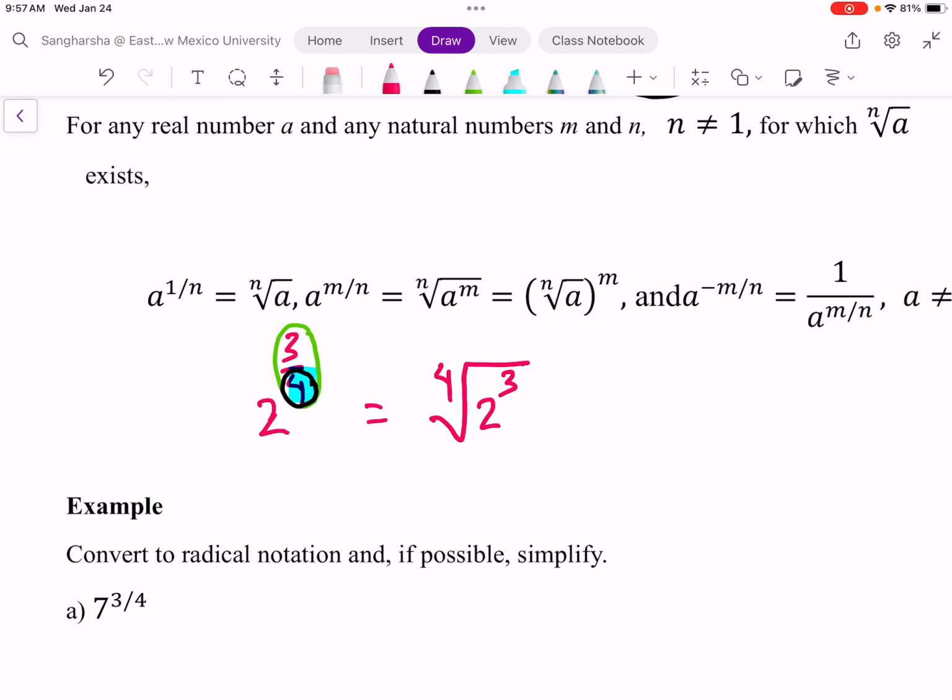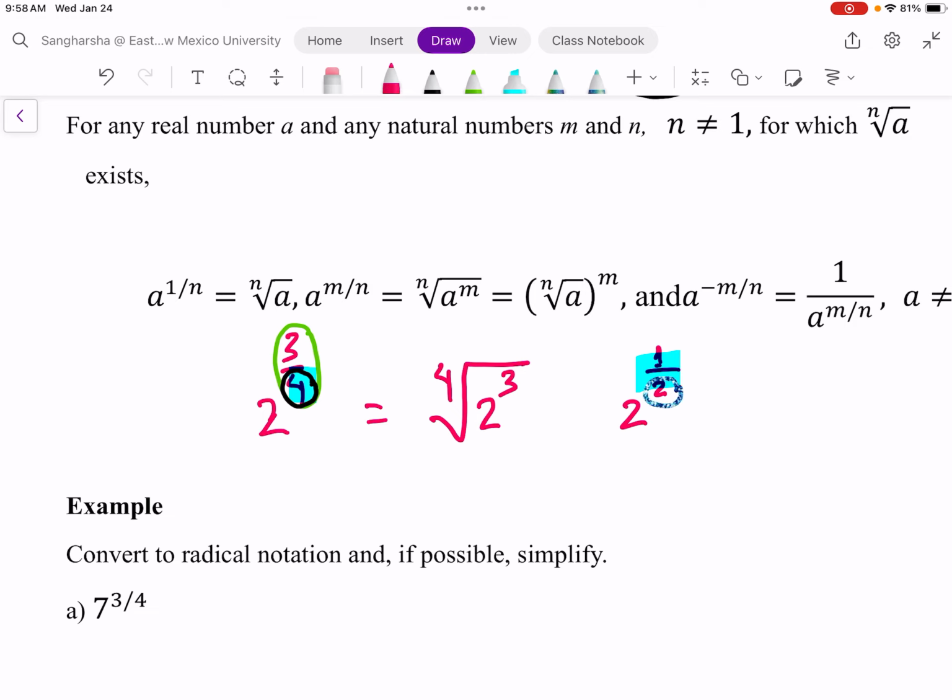Okay, one more. If you have 2 to the power 1/2, you have the fraction 1 over 2 as an exponent. If this is the case, then your denominator is your index.